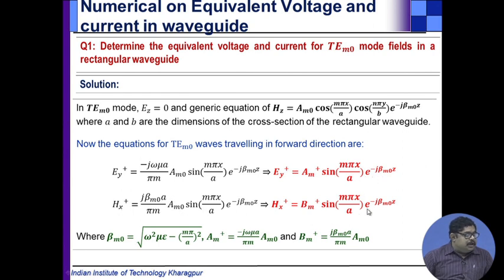Hx plus also like this, where this propagation constant or phase constant, since we are assuming lossless line, gamma is j beta. So, beta for M0 mode is like this. Now, Am plus is the constant and Bm plus is like this.